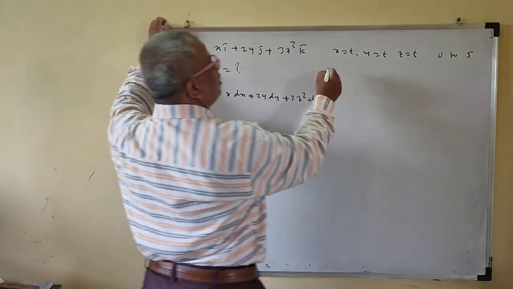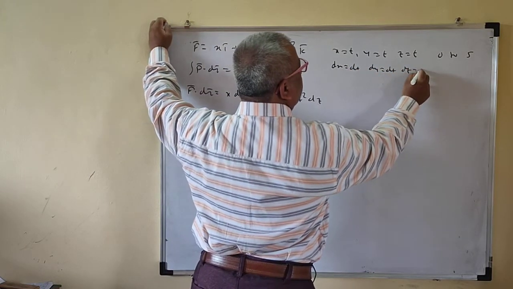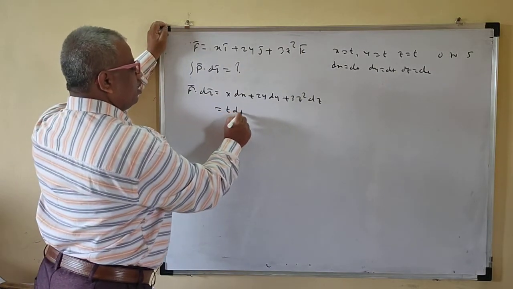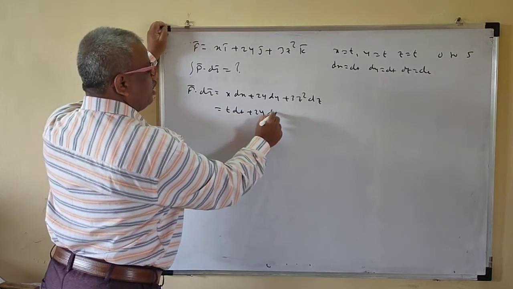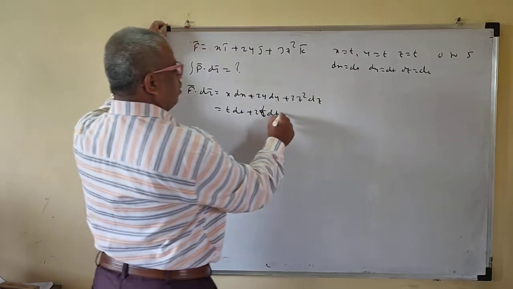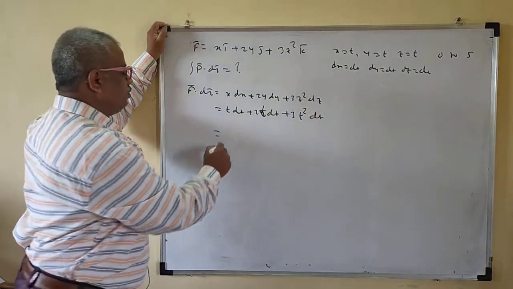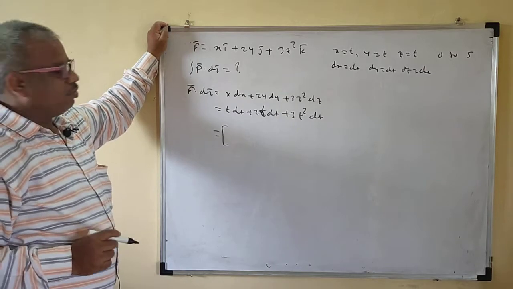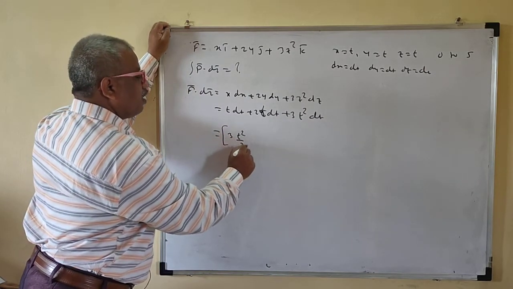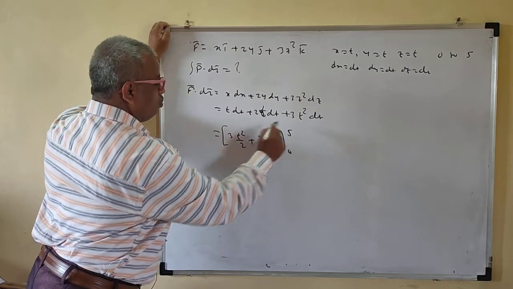Now you have been given dx is equal to dt, dy is equal to dt, dz is equal to dt. So here this is t dt plus 2y dt, and y is also t, so 2t dt, plus 3t square dt. Now we have to integrate this. So this is t plus 2t, which is 3t, so 3t square by 2 plus 3t cube by 3, from 0 to 5.